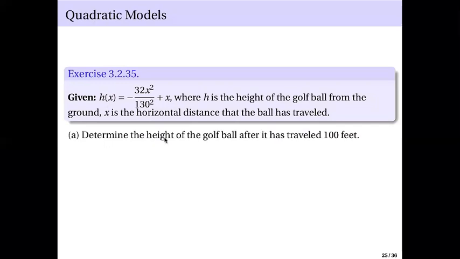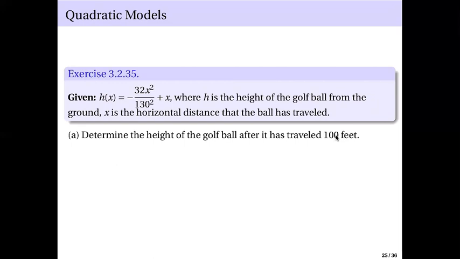We want to determine the height of the golf ball after it has traveled 100 feet. And we say it's the horizontal distance from the initial point of the golf ball.